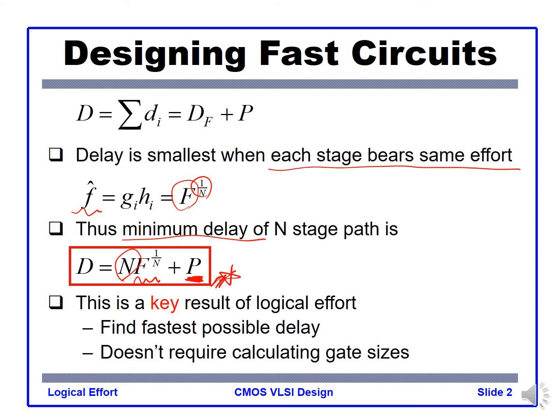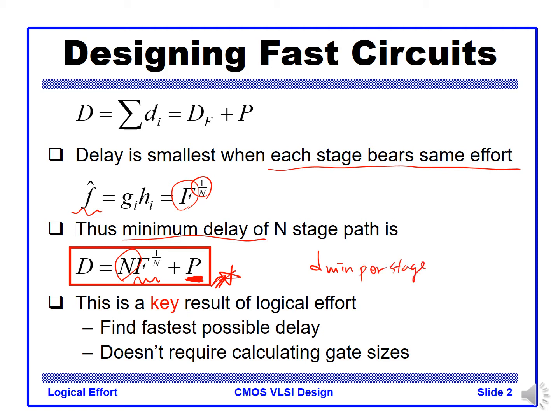So the fastest delay comes from having the minimum possible effort delay, so the minimum delay per stage, right?